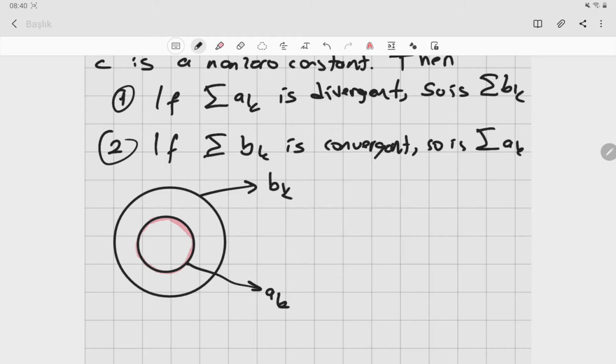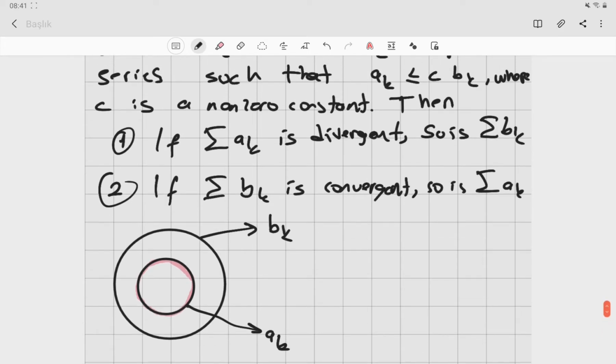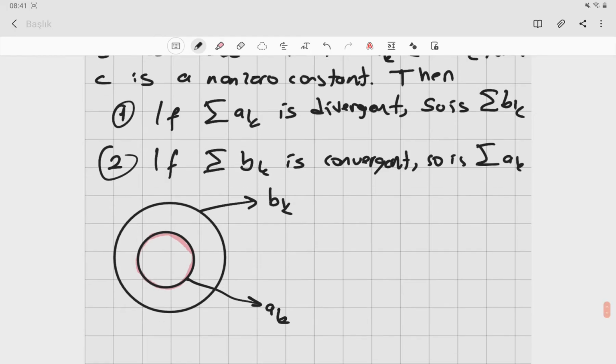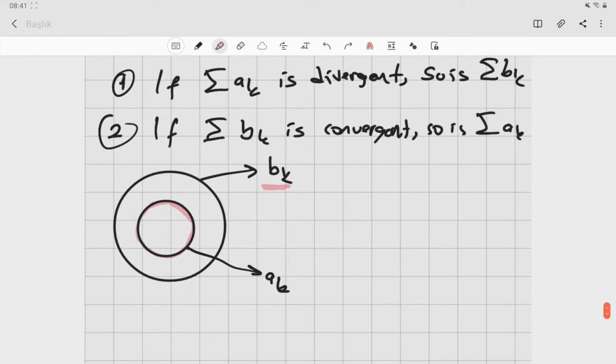So we may view a_k as a small part and b_k as a bigger part. So the comparison test says that if the big part is convergent, then the small part is already convergent.